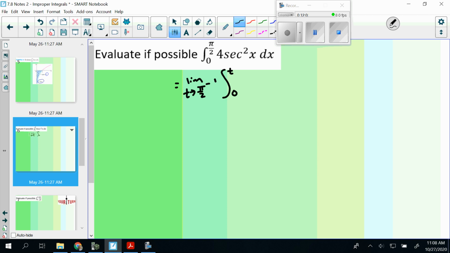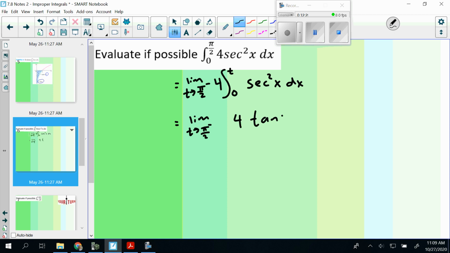I'm going to pull that constant of 4 out. So now we have to figure out how we're going to find the antiderivative of this one. Hopefully you know this one. Think about which function has a derivative that ends up being secant squared. That would be tangent. So the antiderivative of this one is tangent.